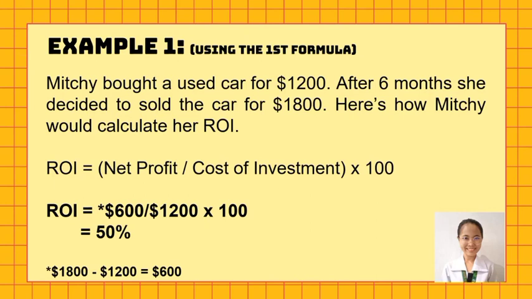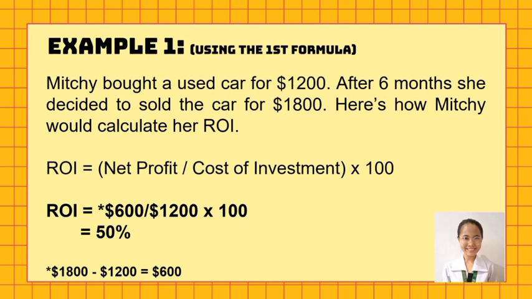Example number 1, using the first formula. Mitch bought a used car for $1,200. After 6 months, she decided to sell the car for $1,800. Here's how Mitch would calculate her ROI. Given the first formula, ROI is equal to net profit divided by the cost of investment multiplied by 100.